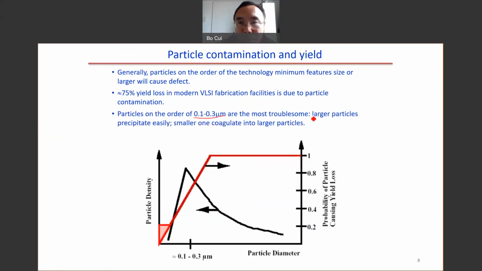Larger ones will precipitate, small ones will agglomerate into larger ones. When the particle is bigger than a certain size, it will cause yield loss, but this depends on the feature size. This one is maybe 0.4 micrometer, like 10 years ago. Nowadays, every particle of a few nanometers will kill a device.